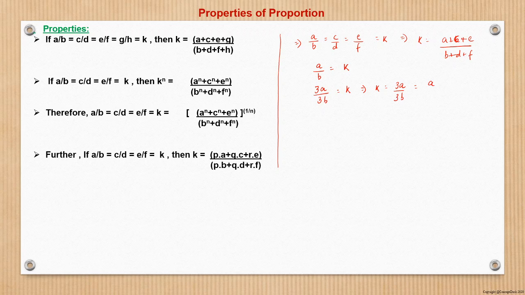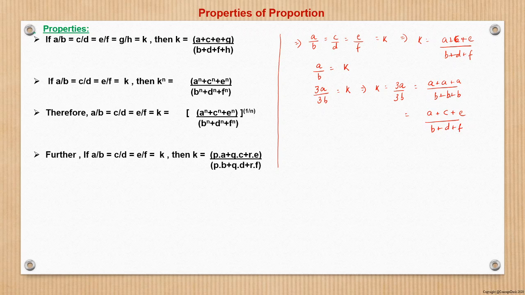Now 3A I can write as A plus A plus A upon B plus B plus B. Though this does not require any proof, it is for the sake of those who don't get it. So now it is A plus A plus A. And we know A by B is equal to C by D is equal to E by F. So this A and B I can replace with C and D, and another A and B with E and F, so in the denominator it is B plus D plus F, right?